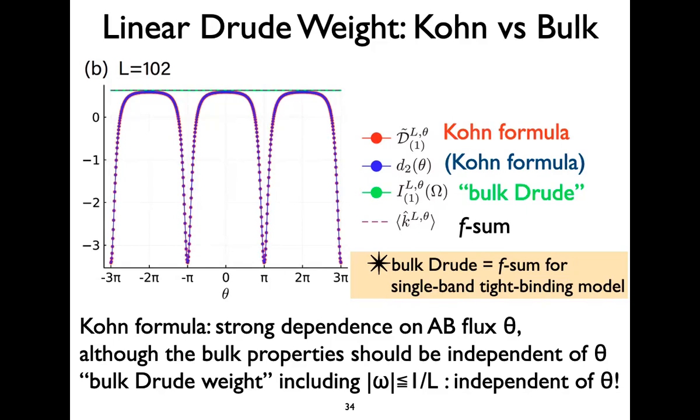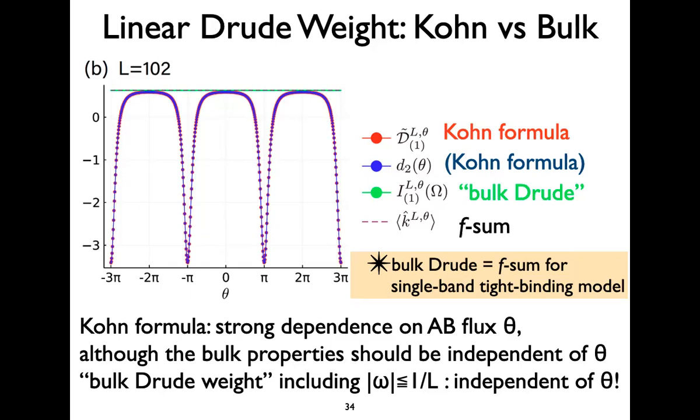Instead of the Kohn formula, if you include those low-frequency contributions, then what you find is an almost flat straight line, which corresponds to the bulk Drude weight. The bulk Drude weight does not depend on the Aharonov-Bohm flux, and doesn't depend on impurity strength, because this is really looking at the bulk.